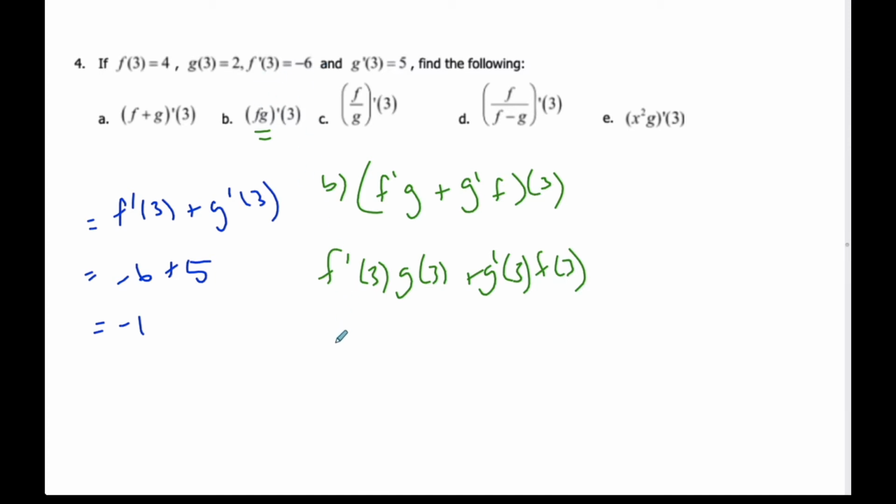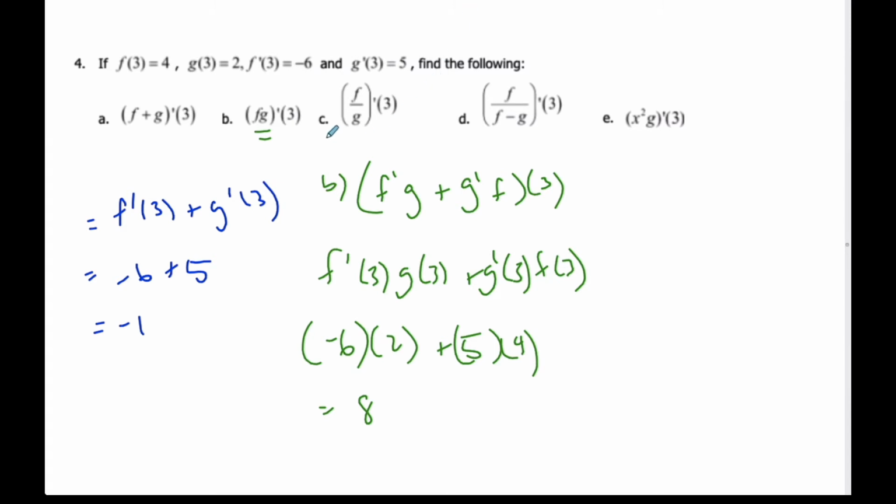Using the values that are here, I get -6 times 2 plus g prime is 5, f at 3 is 4. And so it ends up being -12 plus 20, that is 8.